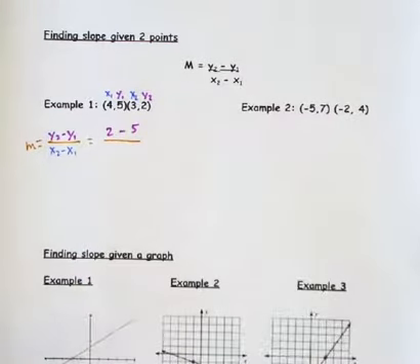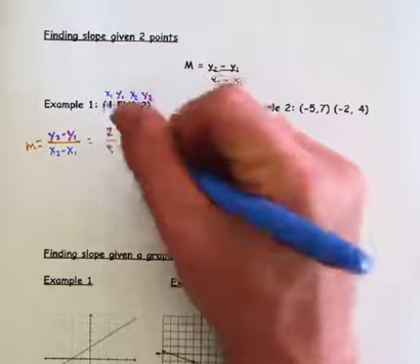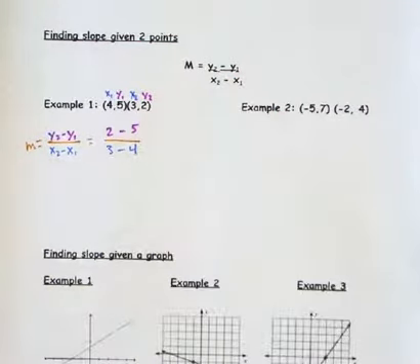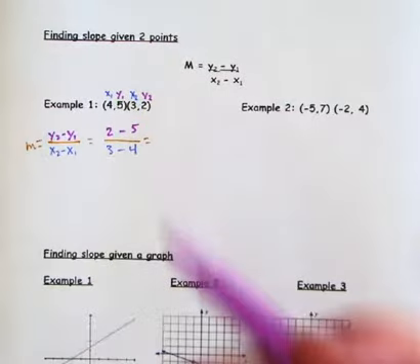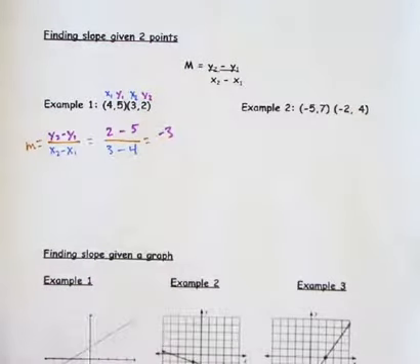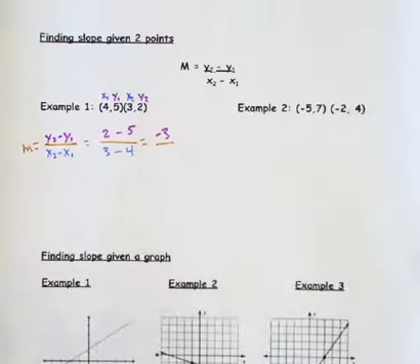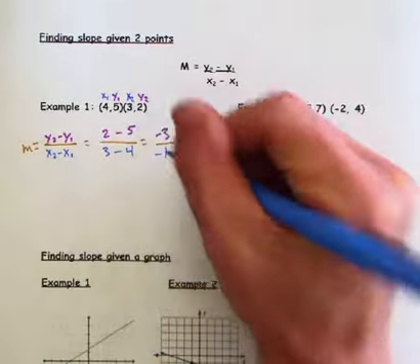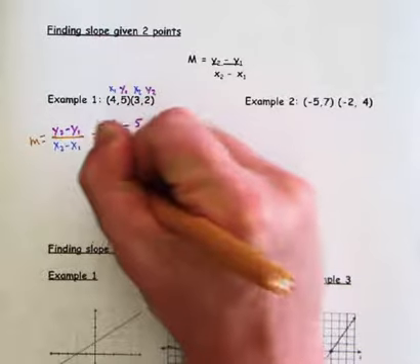And on the bottom, we're going to have x2, which is 3, minus x1, which is 4. All right, that's going to give us negative 3 on top, and on the bottom, negative 1. Well, negative 3 divided by negative 1, I think we know, is going to be positive 3. So our m equals 3.